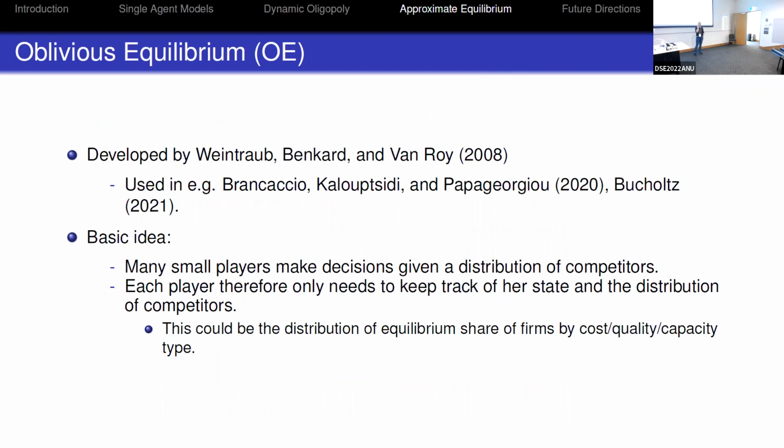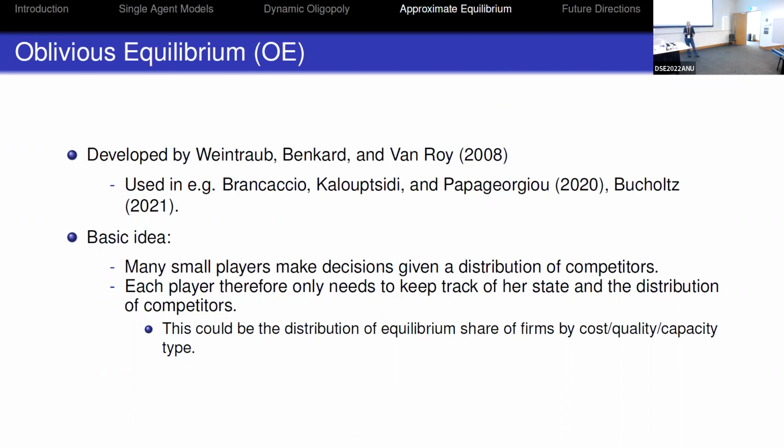A version of oblivious equilibrium is used in the recent paper that won the Frisch medal, but also Buchholz does in his paper. Neither of those is precisely an environmental paper, but it is being used. The basic idea is that many small players are going to make decisions given the distribution of their competitors, and all those decisions should lead to that distribution when they're all summed up.